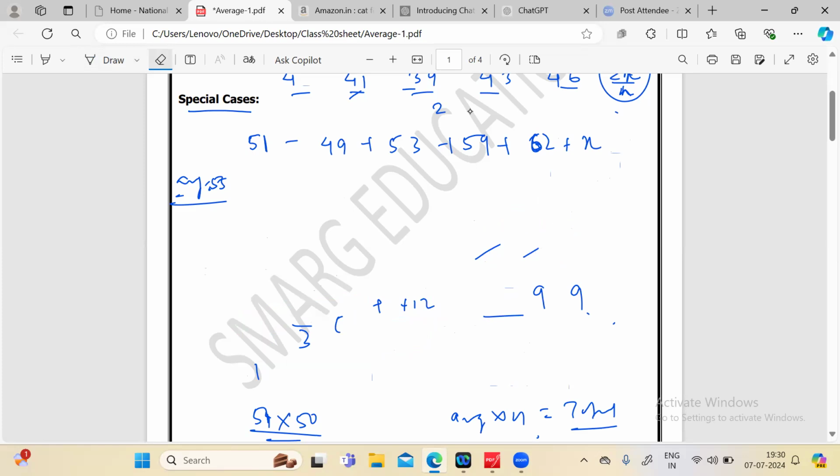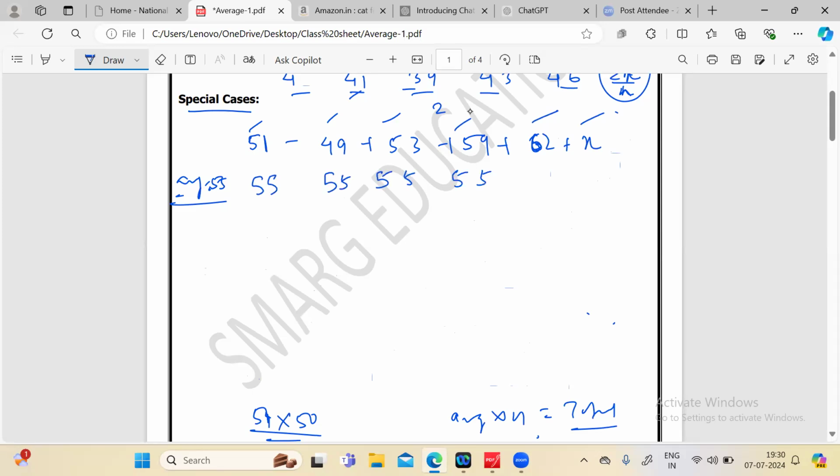So what I am saying here is, if the question is giving you these 6 numbers, 51, 49, 53, 59, 62 and an unknown, and says the 6 numbers have an average of 55, then each number will either get or give something to the other numbers, so that each number becomes 55.